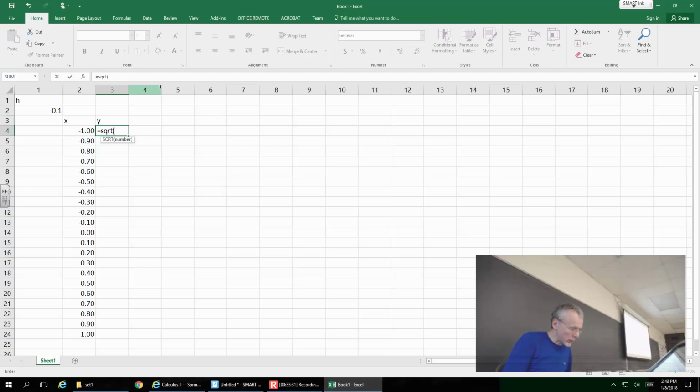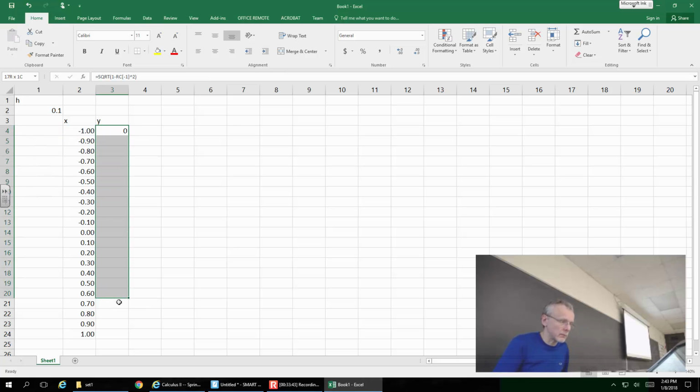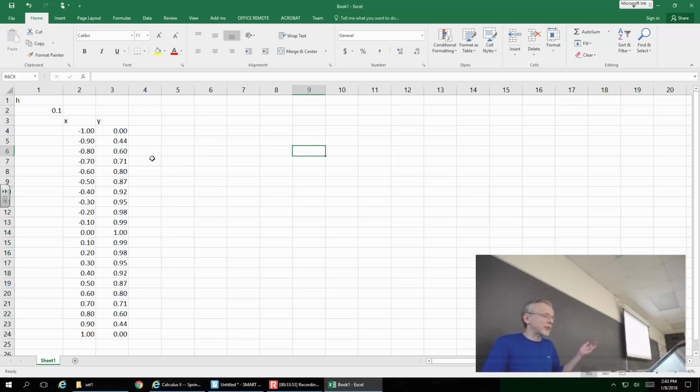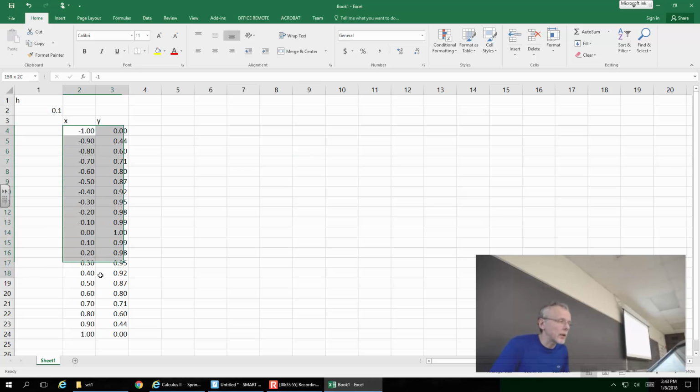Square root of 1 minus this x value, squared. Okay, so x's and y's. If you're not sure, let me plot it for you.